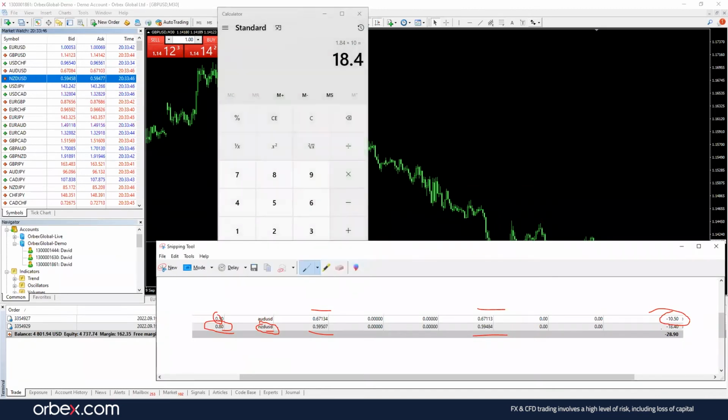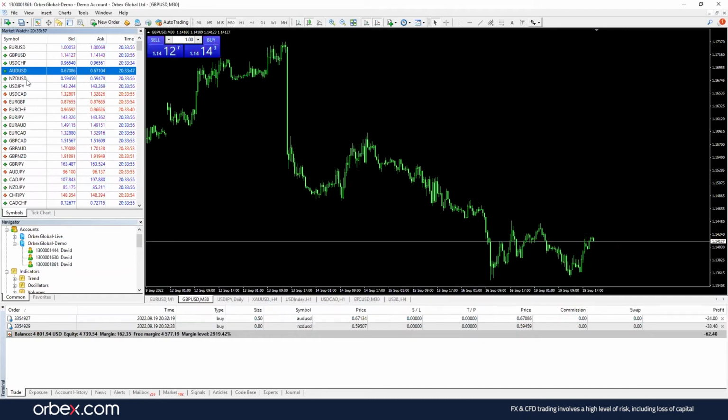As you can see here, 18.4. So just bear in mind that each currency has a different pip value. The easiest ones to calculate are the ones with the dollar on the end, which is the quote currency. And for everything else, Canada, Japanese yen, Swiss franc, they all have a different calculation.